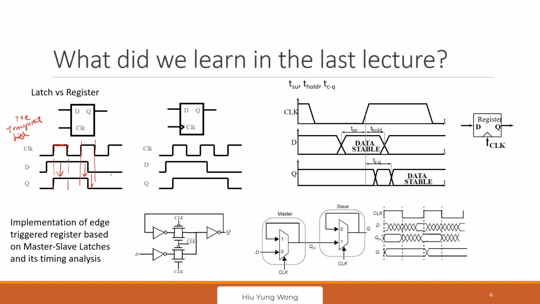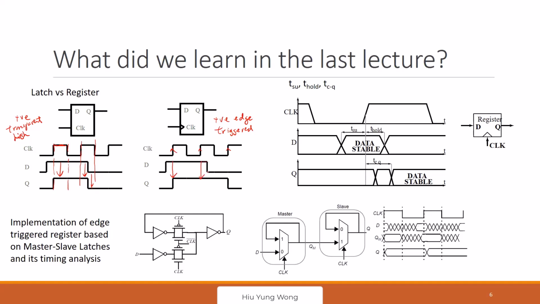For this one, we say this is a positive edge trigger register. As what she said, you only copy when the clock goes from low to high. So here you see that when this goes from low to high, it is copied.